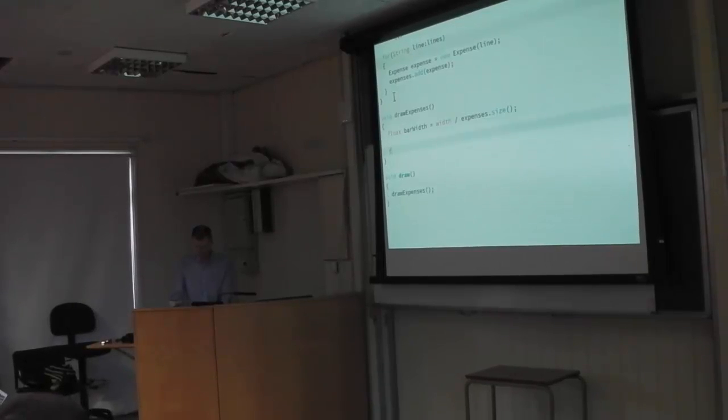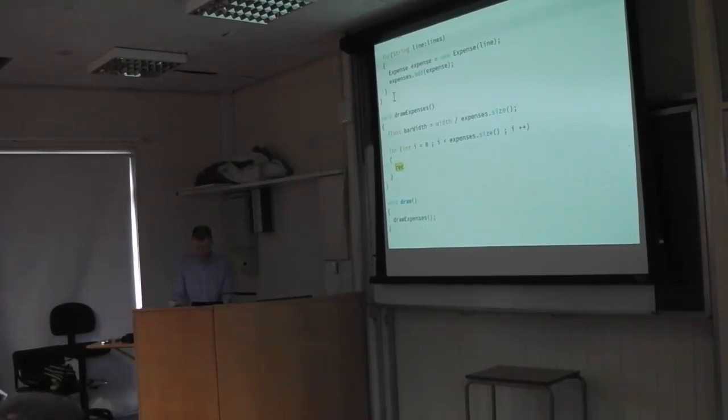Okay. And then we can go for, let's use a for loop just in case. For int i equals 0, semicolon, i is less than. Okay, and then I want to draw a bar, so I'll use rect.